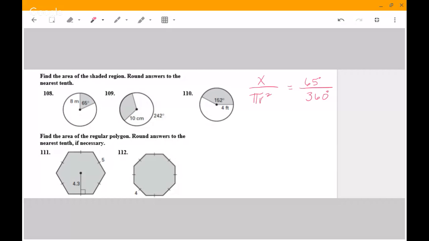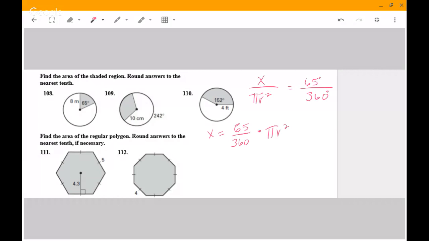I think what you're describing is the other way of writing the formula, where the area of the sector equals 65 over 360 times pi r squared. Yeah, it's the same formula. It's just two different ways to write it.